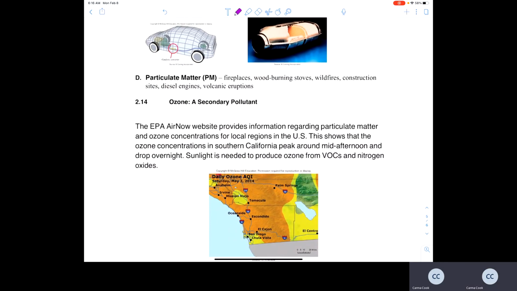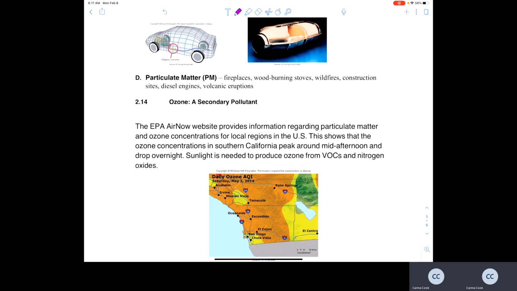Now the most dangerous air pollutant as far as the human body, particulate matter, its sources come from fireplaces, wood burning stoves, wildfires, construction sites, diesel engines, and of course, volcanic eruptions.